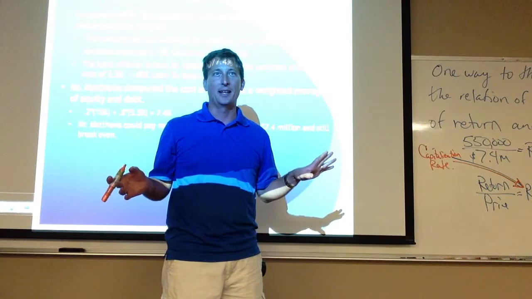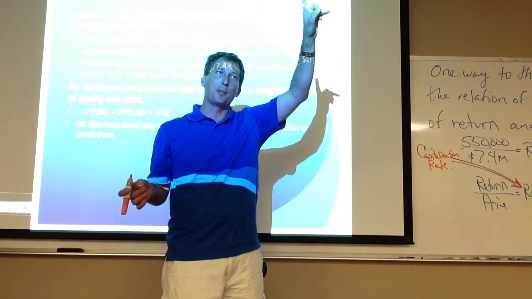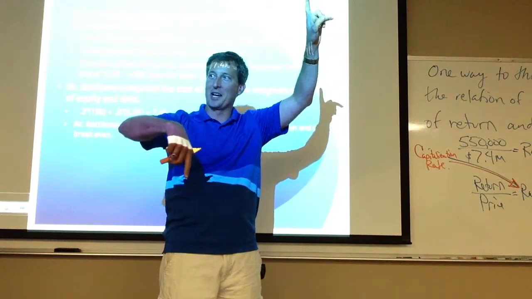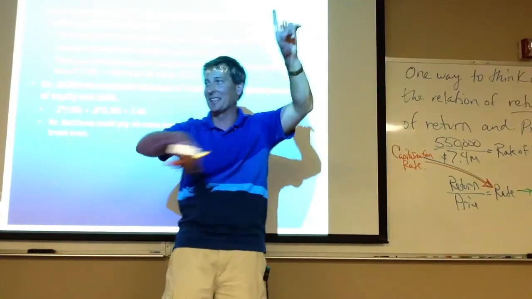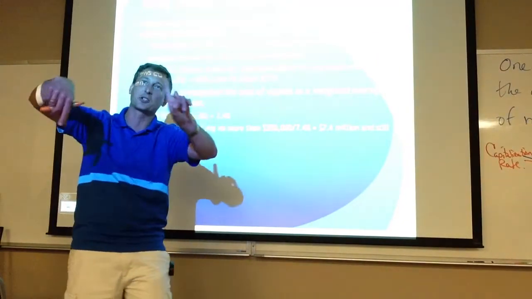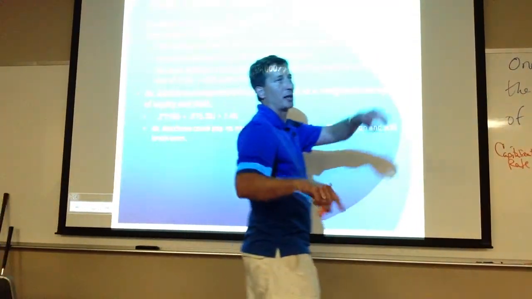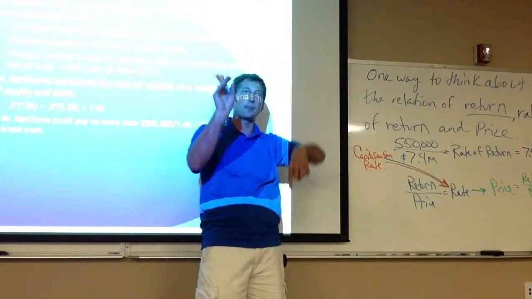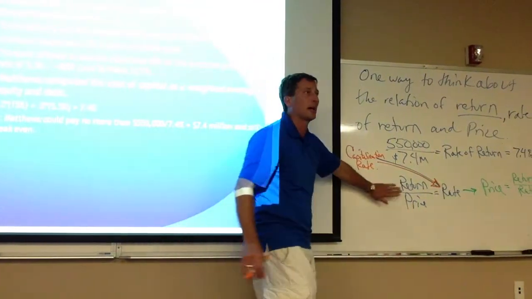As interest rates go up, the price of bonds goes down. Good. At least 3 of you had up arrows or down arrows going the right direction. So there's the inverse relationship between interest rates and the price of bonds. They move in opposite directions. Well, that's exactly what's going on here.